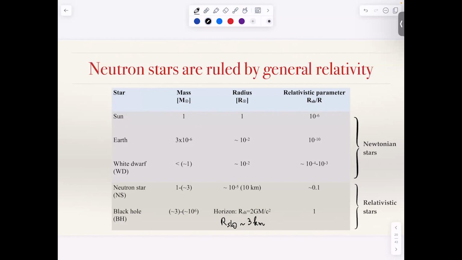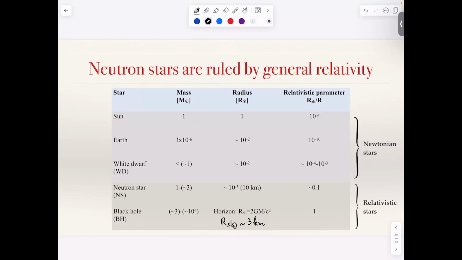So you see a neutron star with 12 kilometers radius has a radius which is only 4 times larger than the Schwarzschild radius. So it's not a black hole, definitely, but it's not very far from a black hole.